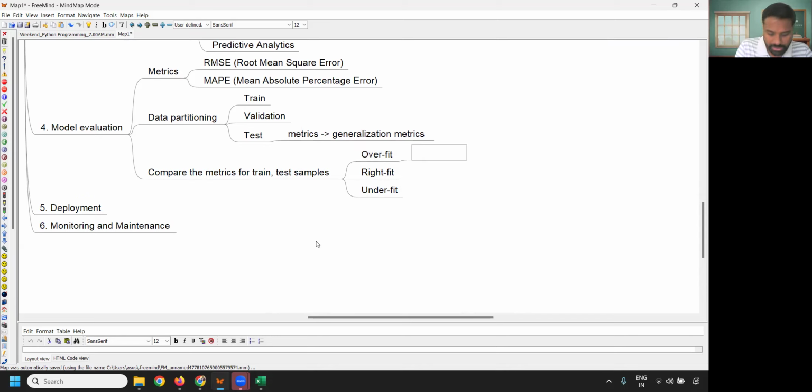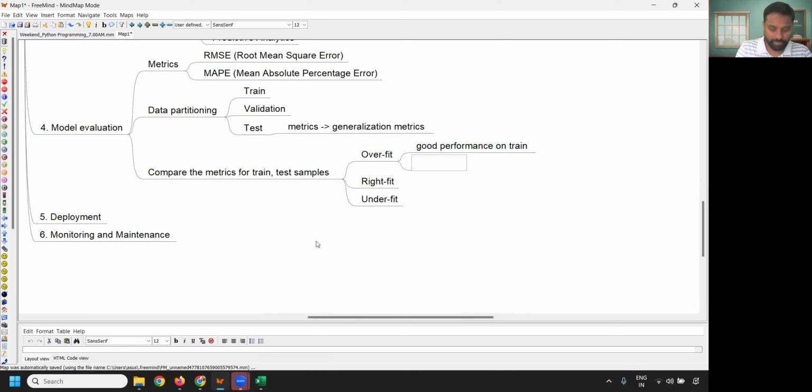So overfit is when the model's error is less on the training data set and more on the test data set. If I talk about performance, then I'll say the model is performing very well on train, bad performance on test data. This is overfitting.